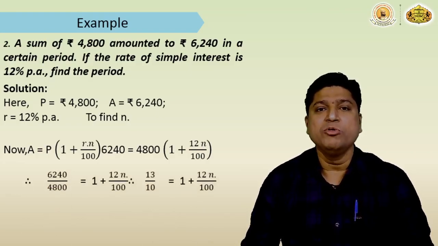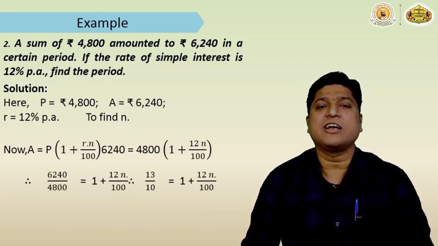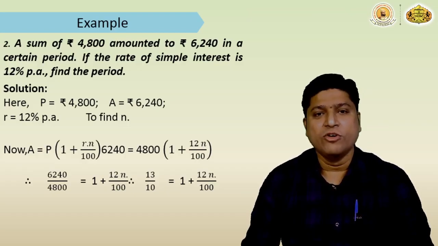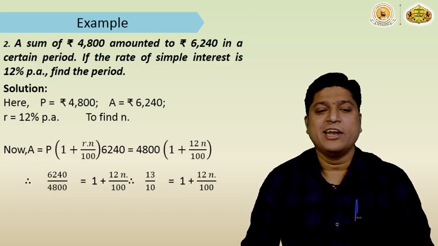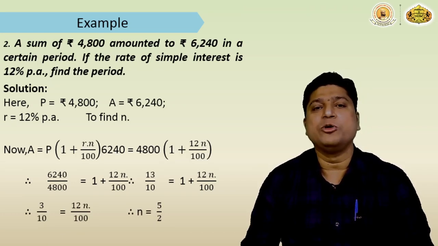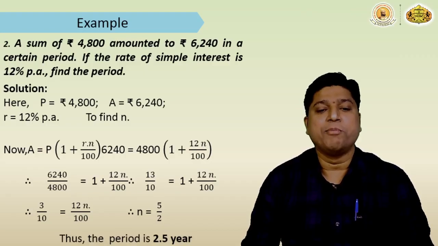We will have to move this 4,800 from the right hand side to the left hand side. It will divide 6,240. So the equation will become like this: 6,240 divided by 4800 is equal to 1 plus 12n divided by 100. Now, by solving this equation, you will get n is equal to 5 by 2 years. That means the period is 2.5 years.